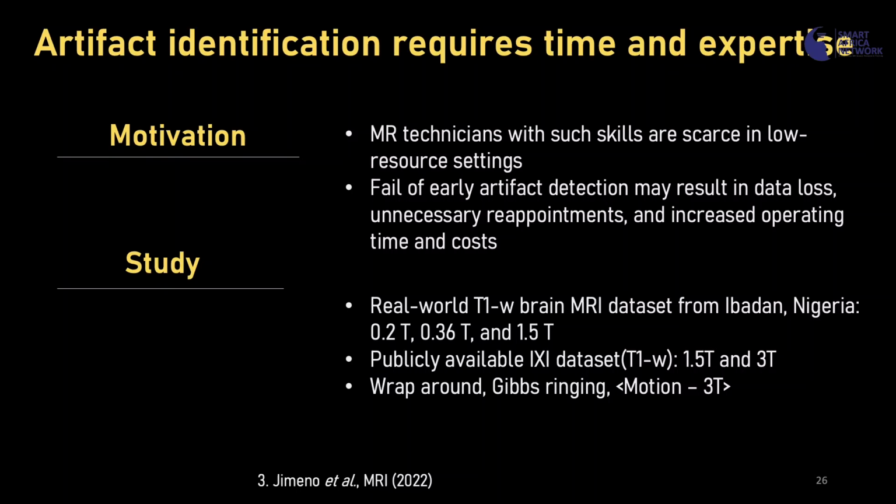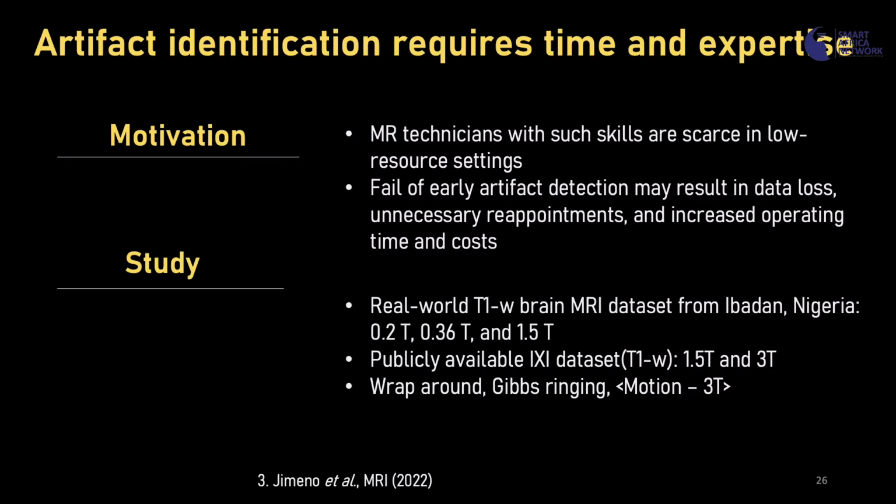In brief, MR technicians that need expertise are scarce in low resource settings. The failure of detecting these artifacts early on will require unnecessary reappointments or data loss and increased operating time and costs.